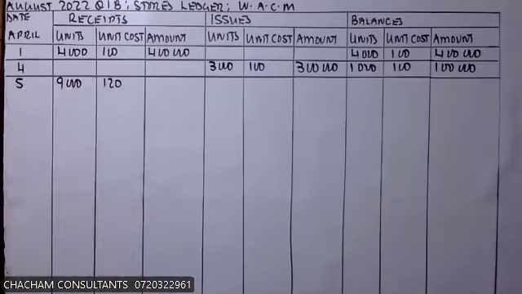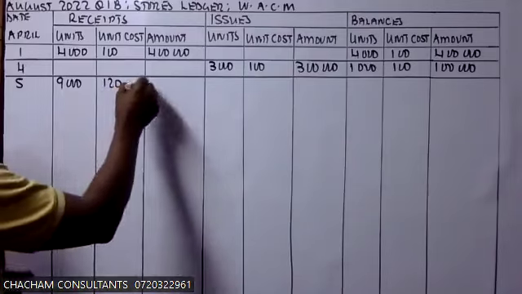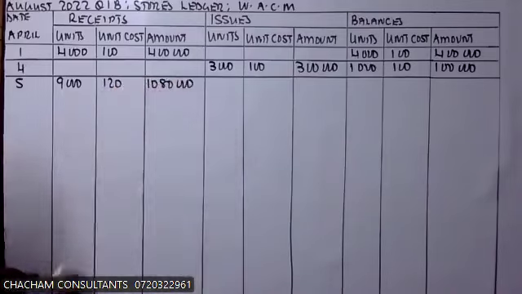So tell me, 9,000 at 120 is how much? Then 8,000.